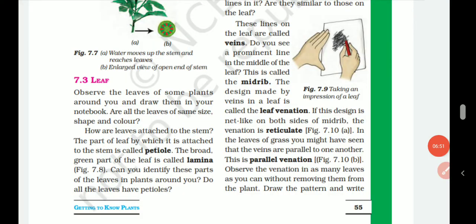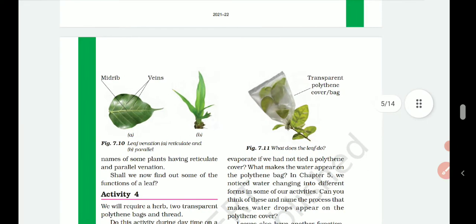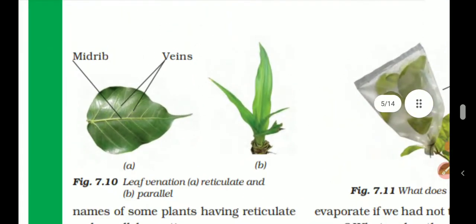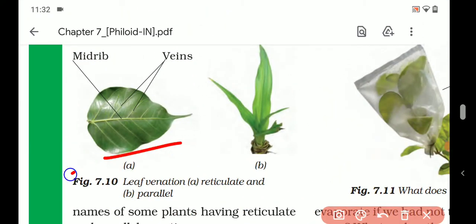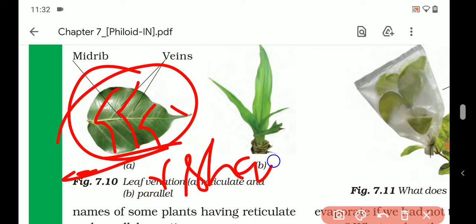Let's go again to our chapter. So we have discussed reticulate and parallel veins. Now let me show you the example diagram. This is the reticulate vein. You can see it is a V-shaped structure.